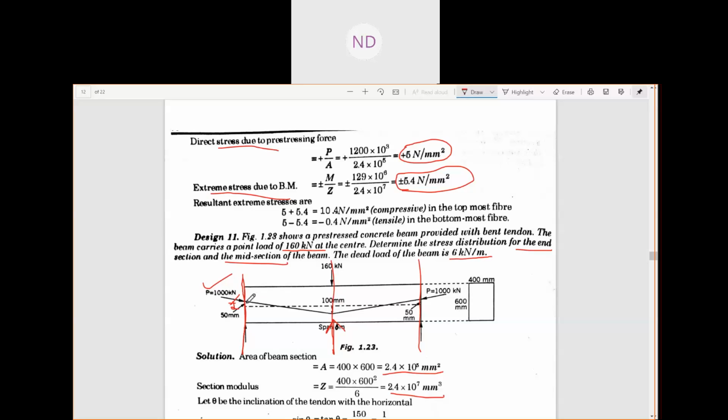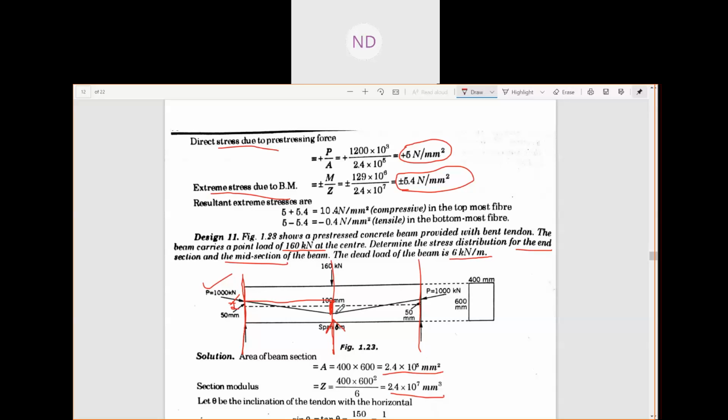Since you are taking this portion, this triangle, you know what this value is.